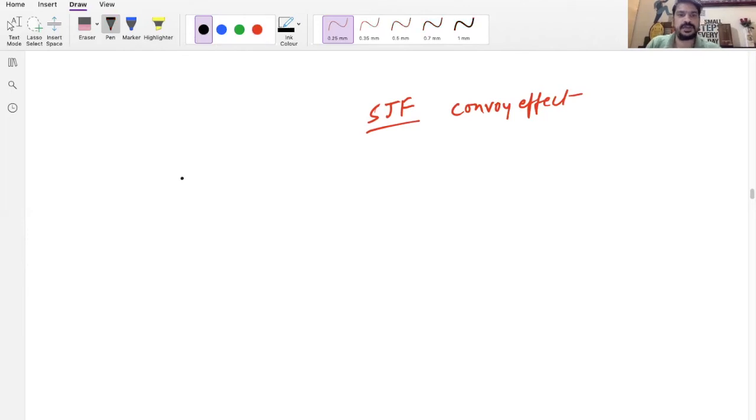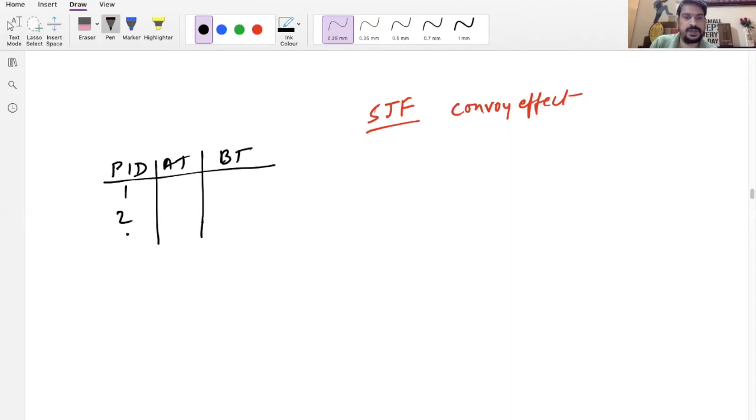Let's see one example here. We have process ID, we have arrival time, and we have burst time. Let's say the process is 1, 2, and 3. The arrival time here is 0, 1, and let's say 2.